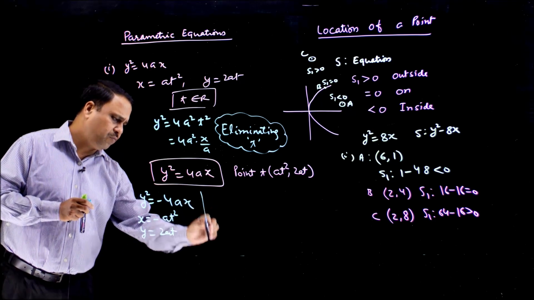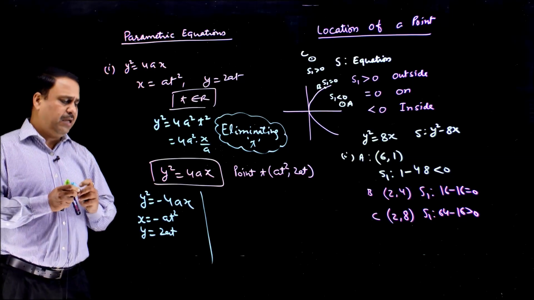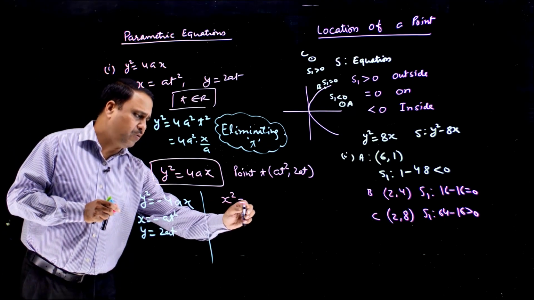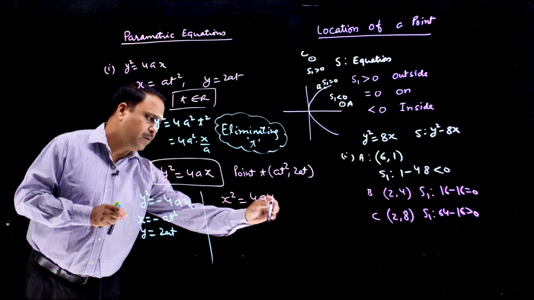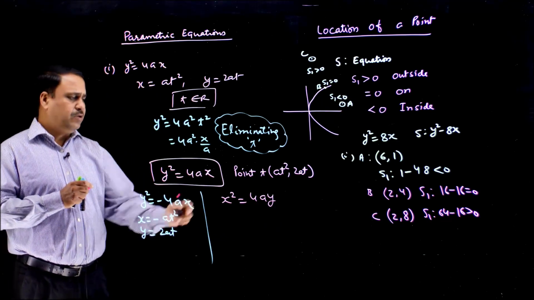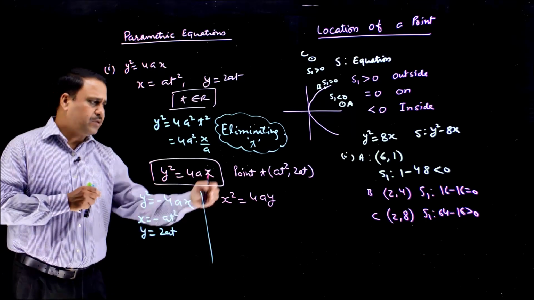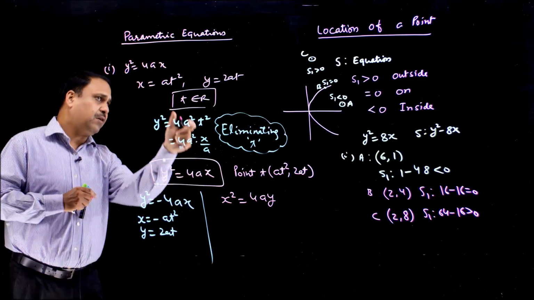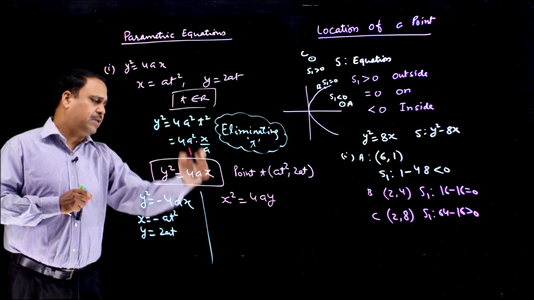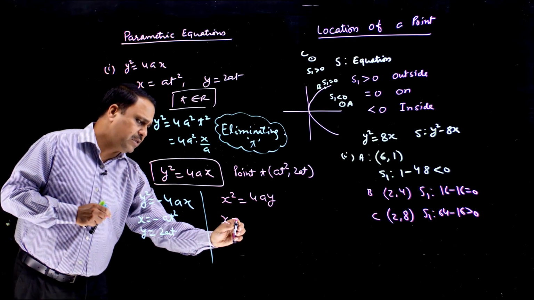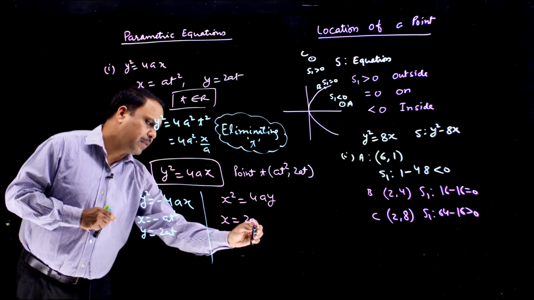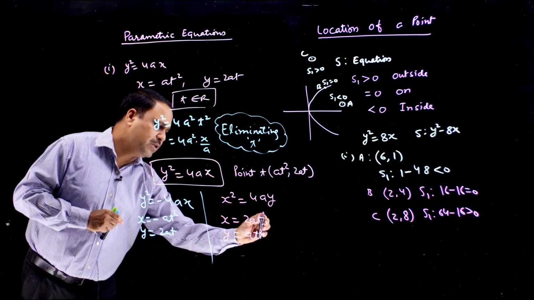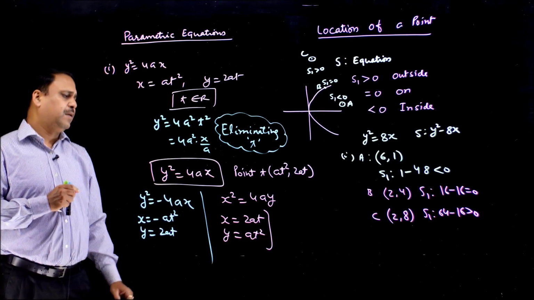Similarly, if I have x square is equal to 4ay, as you can see, x and y are interchanging. So the parametric equation will be x equal to 2at, y equal to at square.